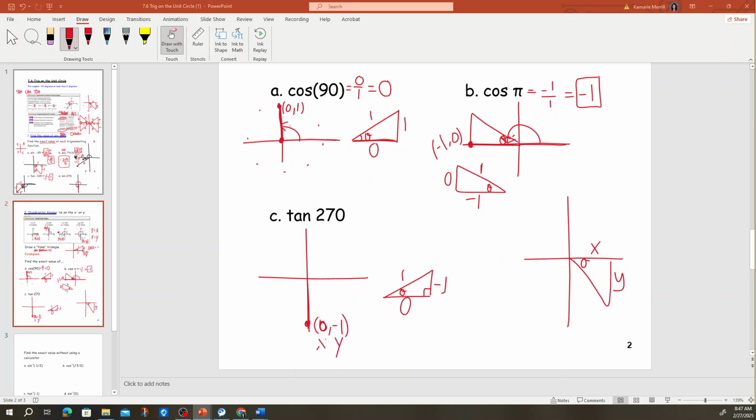Your adjacent has always been your x. And then your radius is always going to match whatever those values are. So if you know that tangent of theta is y over x, you can literally take -1 over 0 and skip the fake triangle.